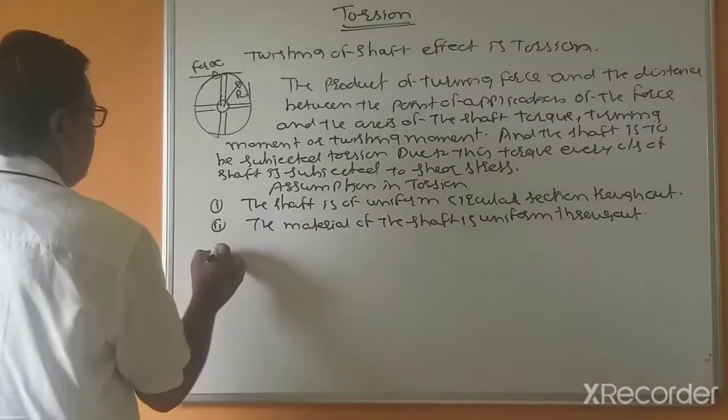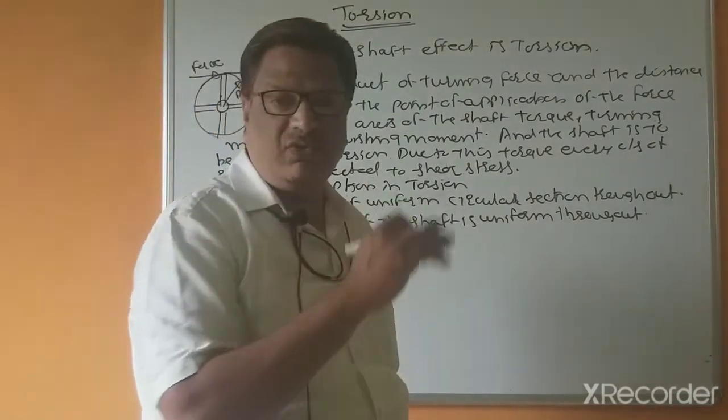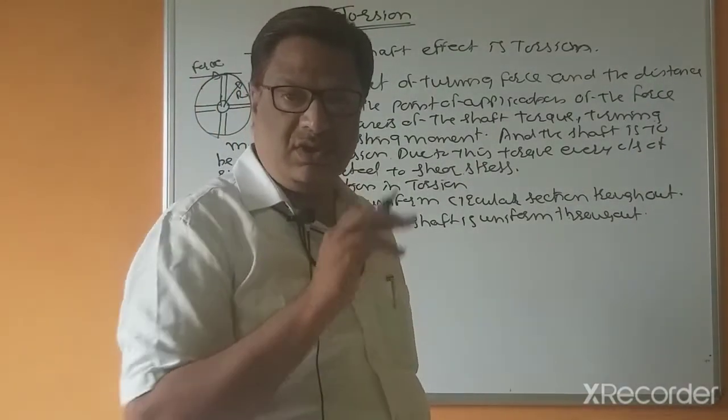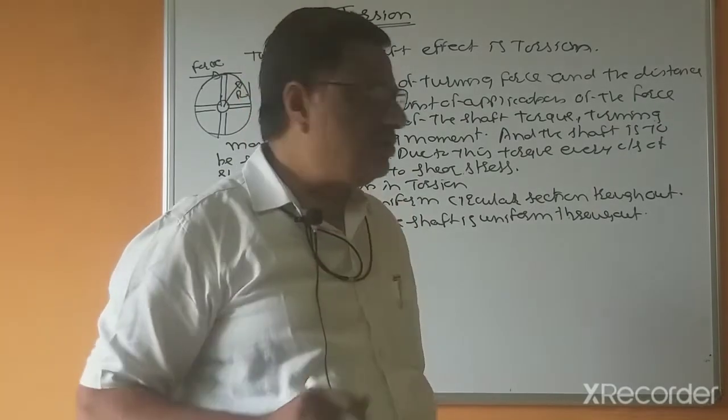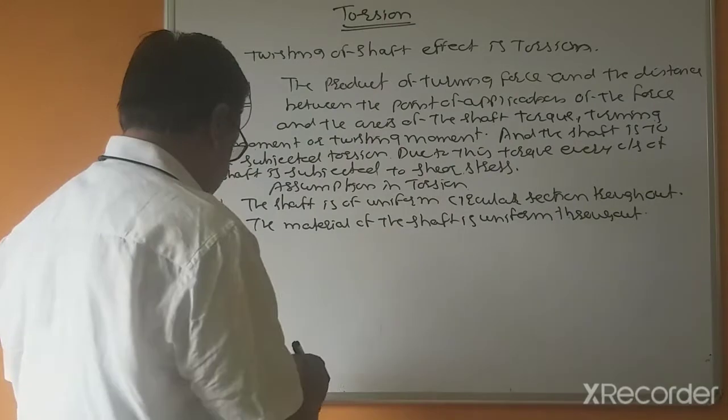Now the third assumption: the cross sections are uniform, and the material is homogeneous or isotropic, so the material of the shaft is uniform throughout.